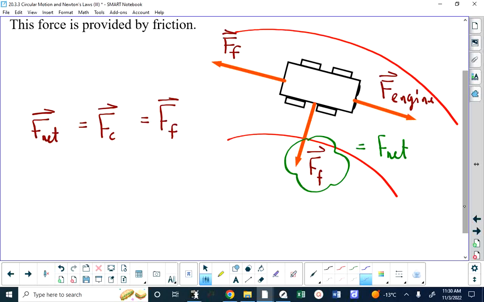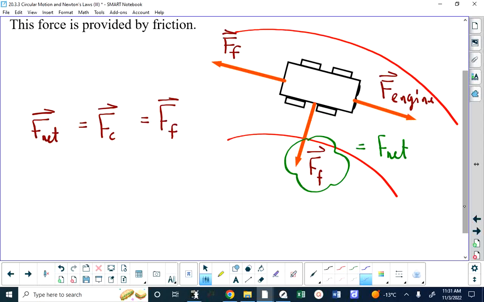They're not. It's the same force. The force of friction is the net force. The net force is the centripetal force. The force of friction is the centripetal force. It's just three different ways to talk about it. The force of friction is the net force because it's the only one that is not balanced. And the force of friction is the centripetal force because it causes centripetal motion.